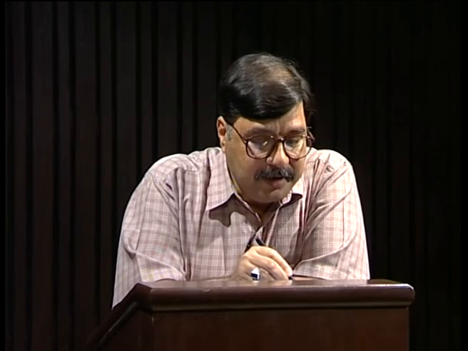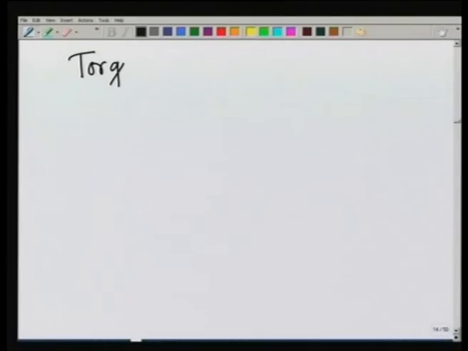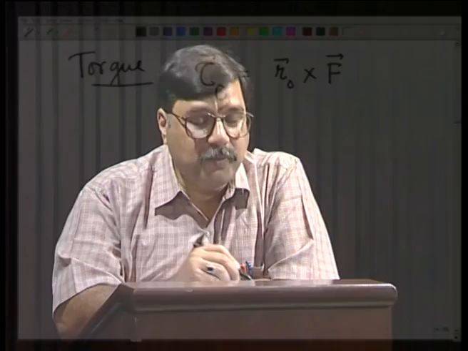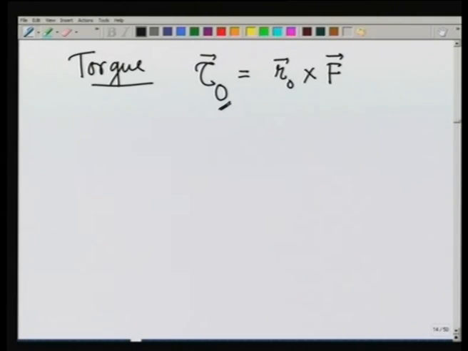So, let us write now torque tau from the origin O is going to be given as r measured from O cross F. r O measures the point at which the force is being applied compared to the origin or the point at which the body is being held.